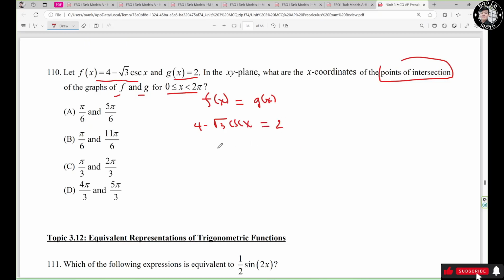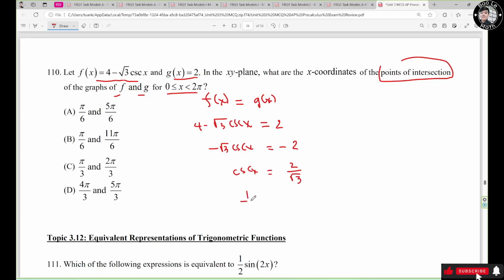Now subtract 4 from both sides, it will be negative root 3 cosecant s equals negative 2. Divide both sides by negative root 3, so cosecant s equals 2 over root 3.